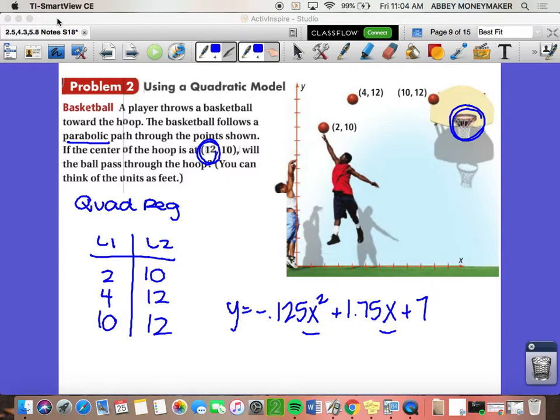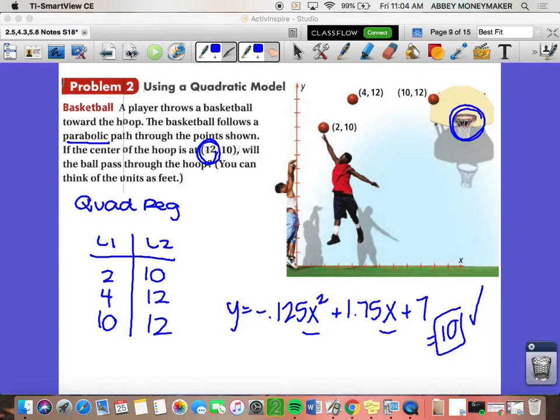The y coordinate. And that's going to tell you whether he made the shot or didn't. What did we get out? 10. So did he make the shot? He sure did. It doesn't look like it, though. The picture doesn't.